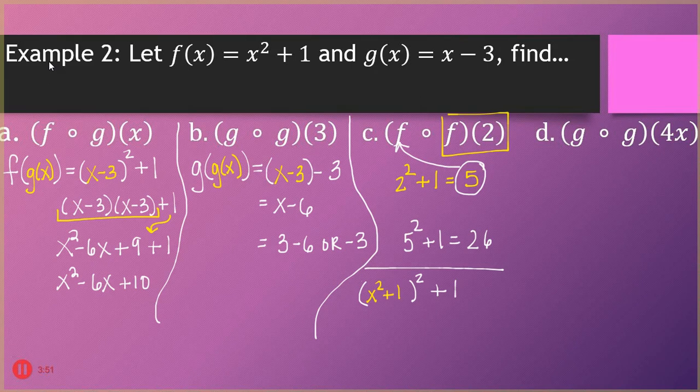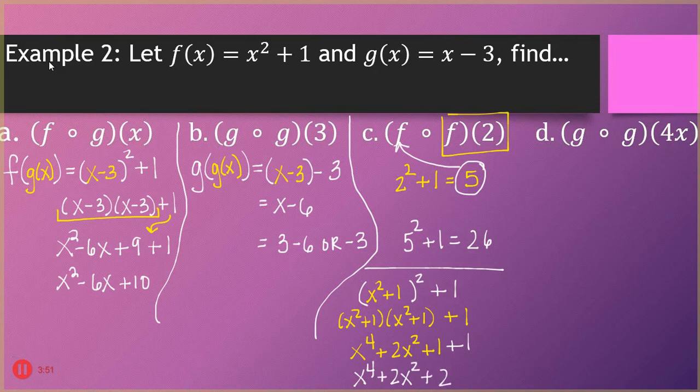And when I multiply x squared plus 1 times x squared plus 1 and bring down that 1 at the end, I have x to the 4th plus 2x squared plus 1. Bring down that plus 1, and that leaves you with x to the 4th plus 2x squared plus 2.